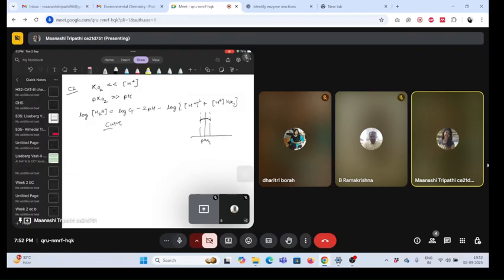Coming to the next case, that is Ka2 is less than H plus, which is less than Ka1.